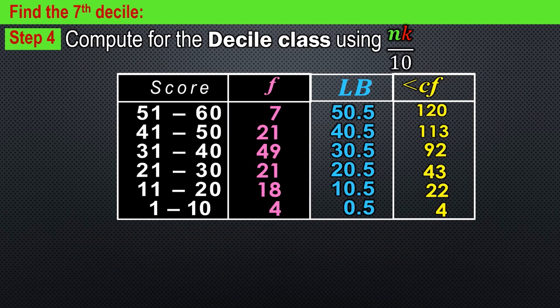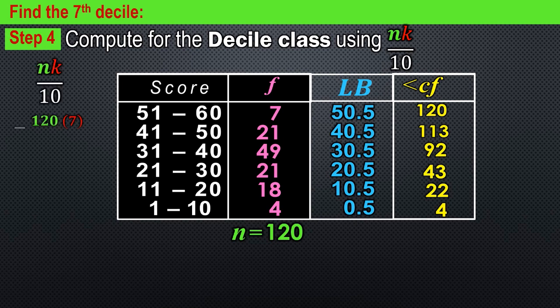After completing the table, we are now about to compute the decile class using nk over 10. Remember, our n is equal to 120. So we just get the sum of the frequency, 7 plus 21 plus 49 plus 21 plus 18 plus 4 equals 120.